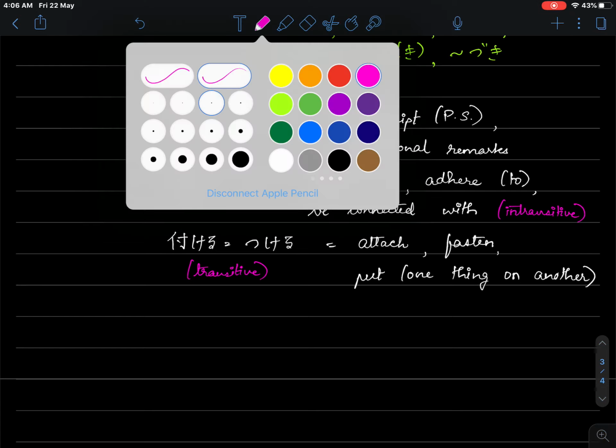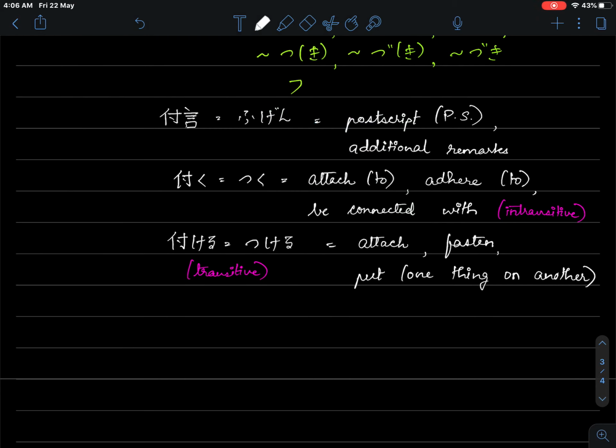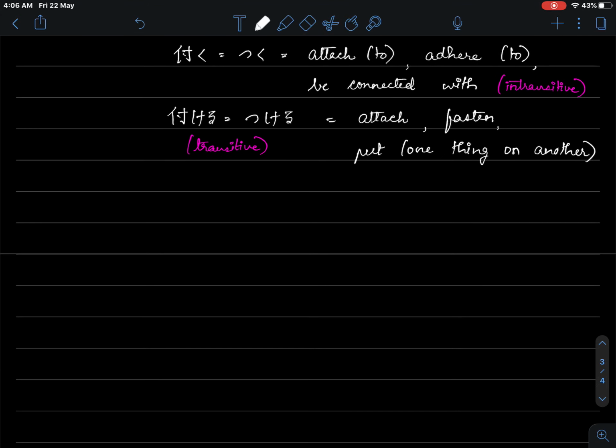Again, look up what the difference could be online if you're interested, or if after finishing this entire kanji marathon I have time and the interest left, I'll go over it along with grammar lessons. But until then, just bear this in mind, that one is transitive and the other is intransitive. So let's look at another one.